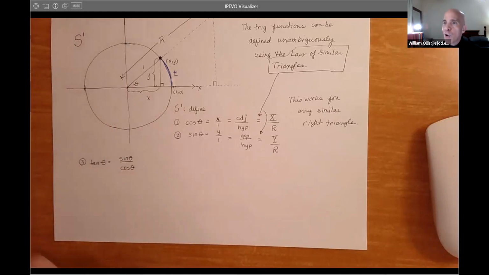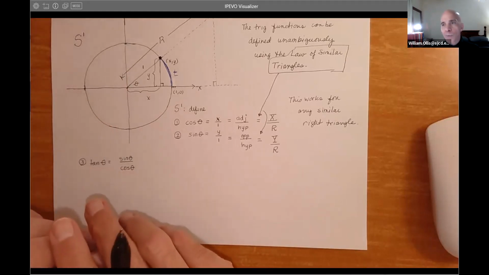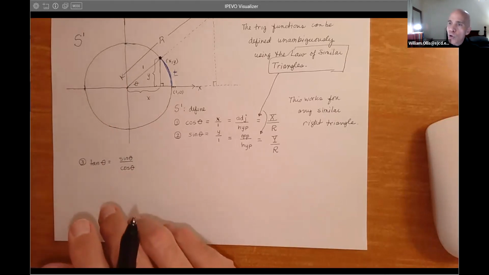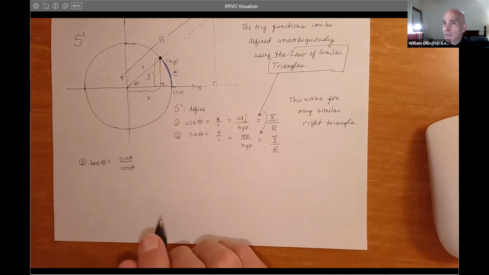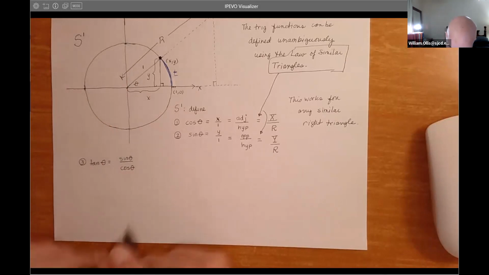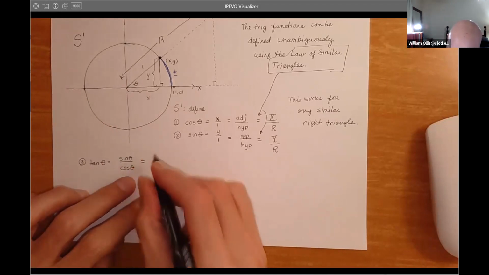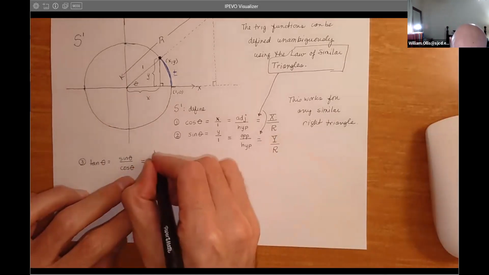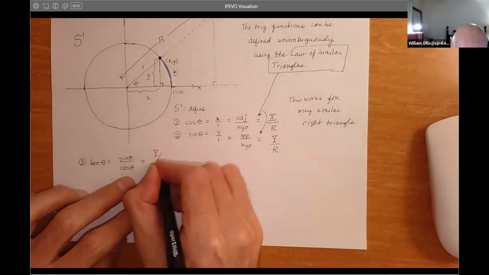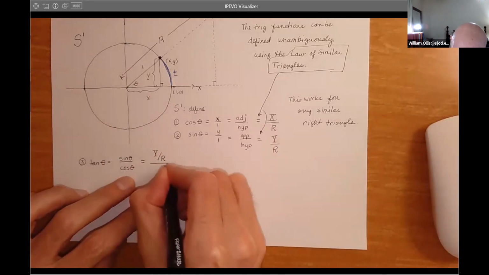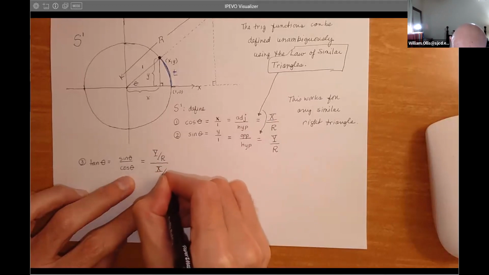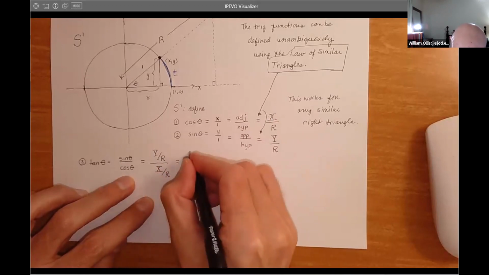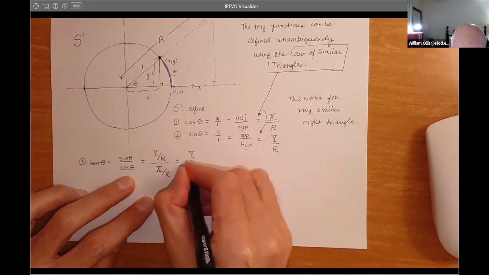And then, of course, for the remaining trig functions, we have the same domain and range because nothing's changed. So I like it when students say, wow, this is easy, Professor Ron. We've already worked so hard in chapter 5, and now we can ride the wave. And the triangles you like better anyway because you've had more experience with them. So now this will be y divided by r divided by x divided by r. And of course, the r's cancel, and we get y over x.